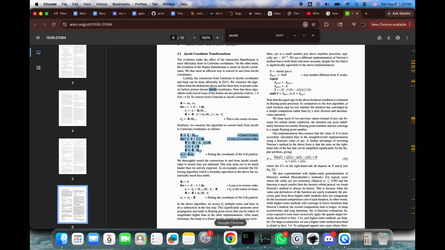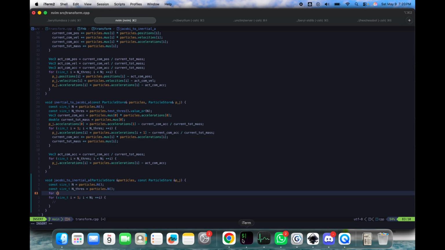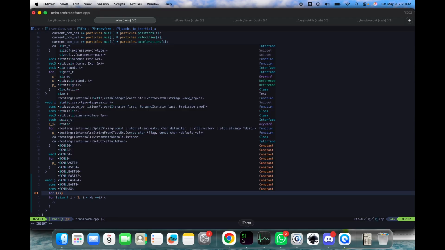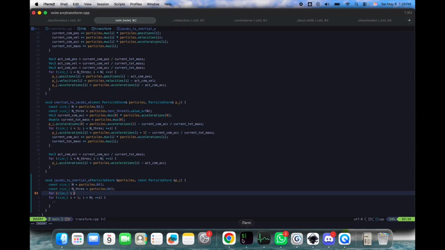So I have to calculate the total mass for the whole thing. I don't think it matters if I use backwards or forwards iterations. I'll just use my trusty method.